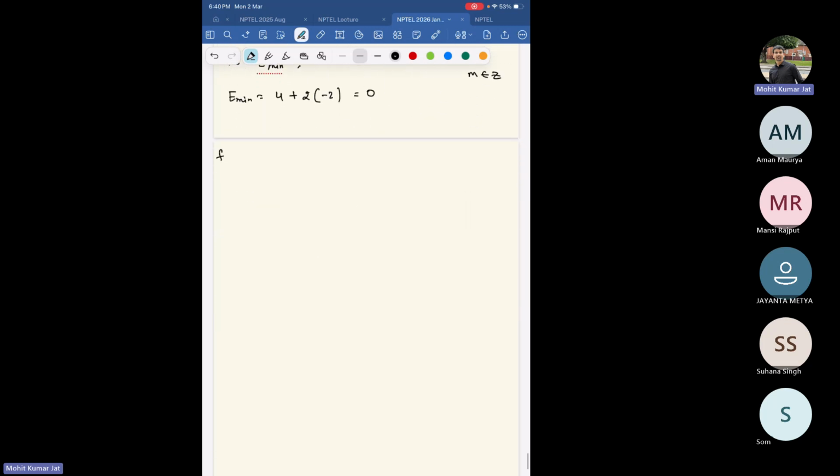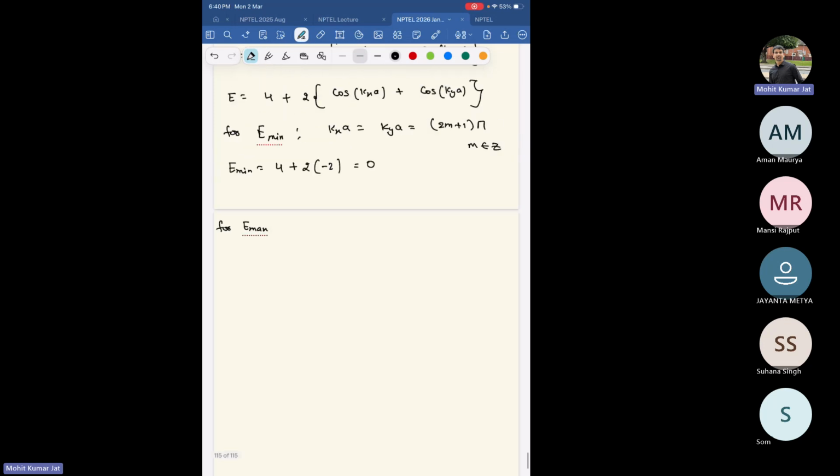And for E max, kxa is equal to kya is equal to 2m pi, where m belongs to integers, and E max will be nothing but 4 plus 2 times 2, that will be 8.